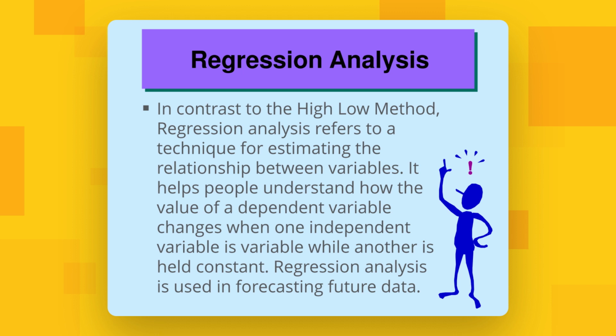It helps people understand how the value of your dependent variable changes with one independent variable while another is held constant. So class, regression analysis is used in forecasting future data.